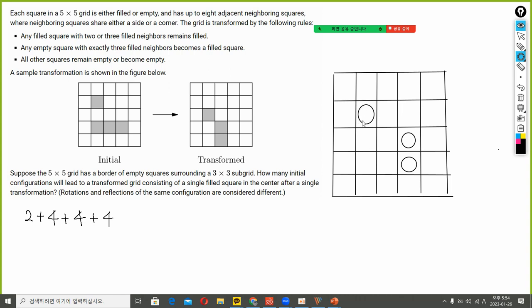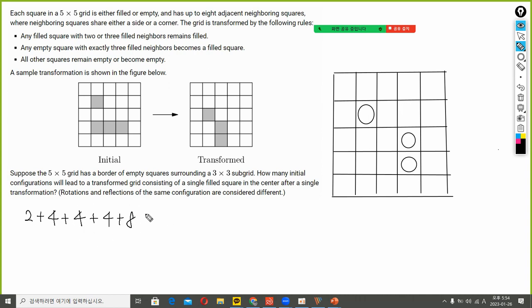So from one corner, there are two possible cases, and if we rotate these four corners, because at each corner there are two cases, so 2 times 4 is 8. So 8 is added. So that's about the case.